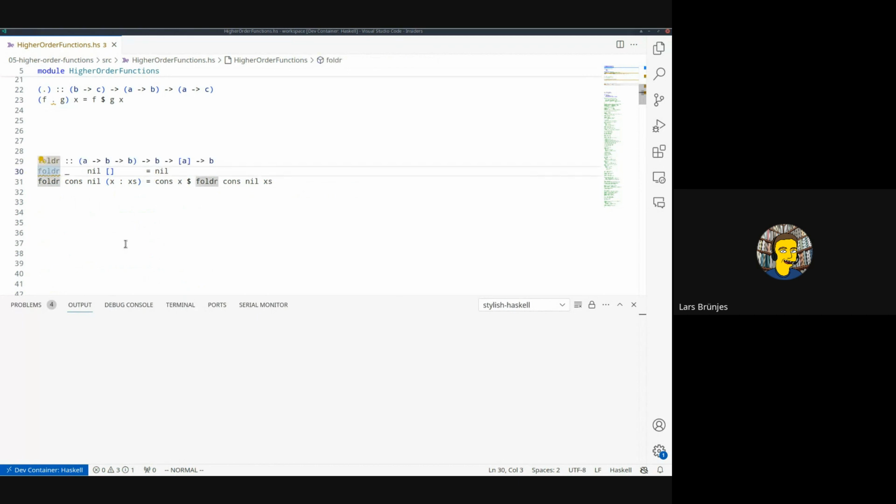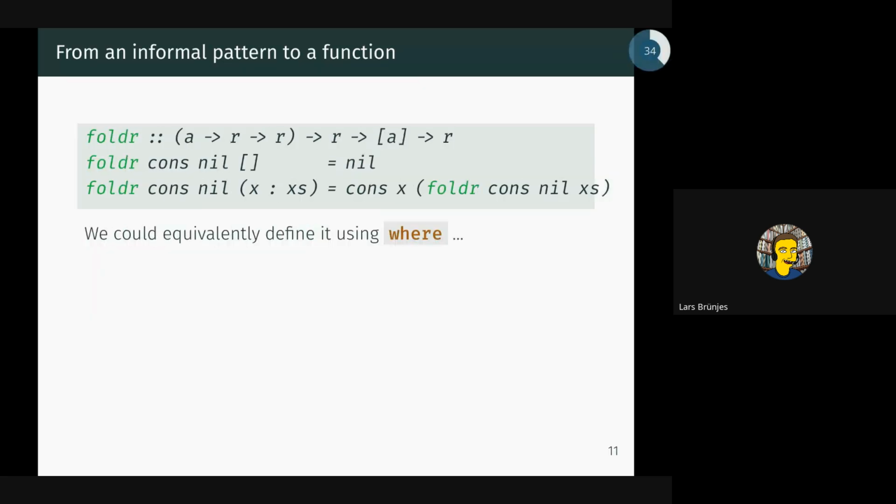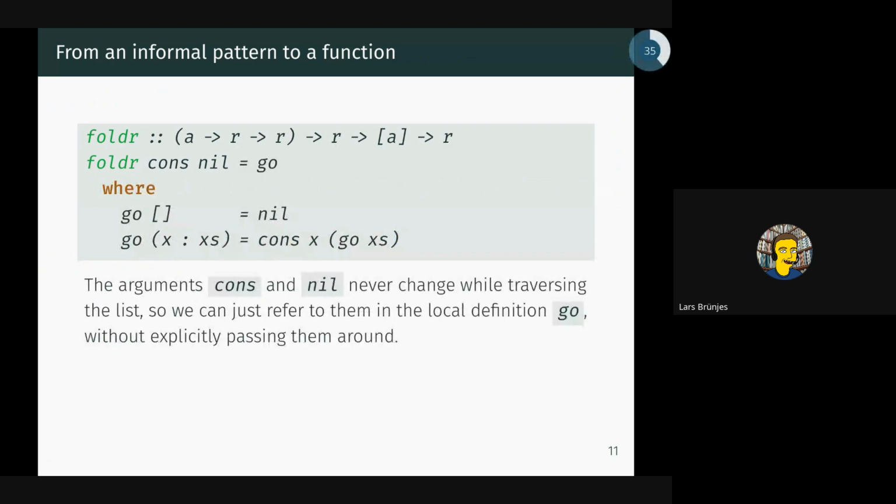So this is actually defined in the prelude, and it's called foldr for right fold. It's called a fold because you basically fold a list of values into one result. So it's like aggregate. I think in JavaScript, it's called aggregate.